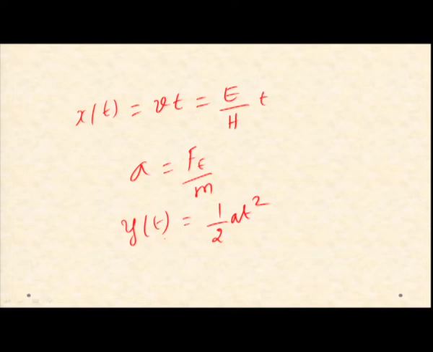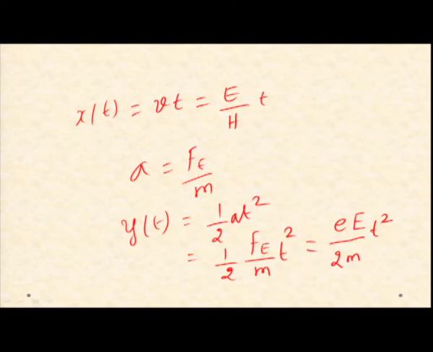Now substituting the value of this acceleration, this equation changes to half into electric force by m into t square. Rearranging this equation, you get Ee by 2m t square.